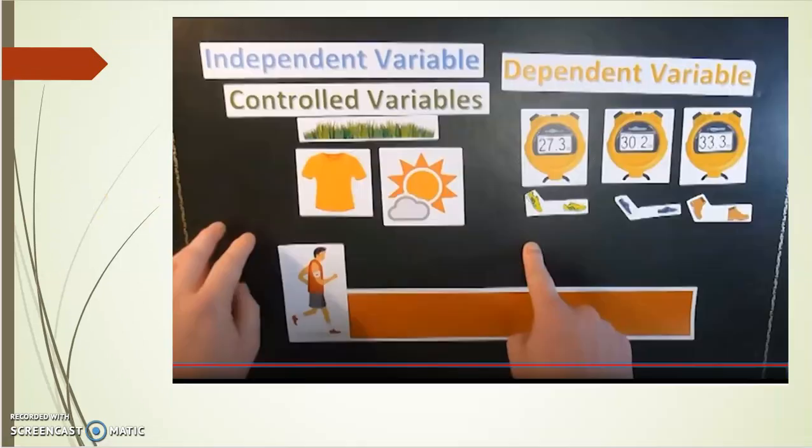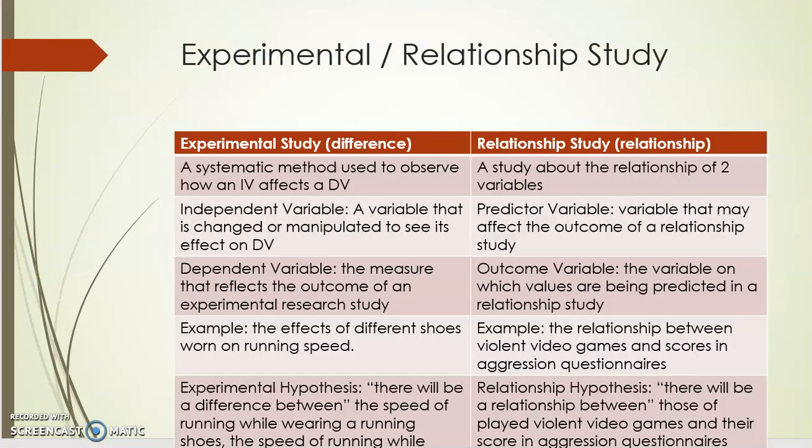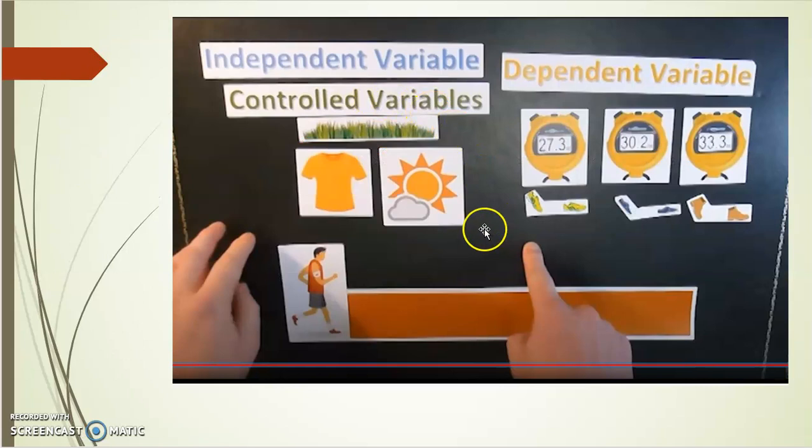Okay, so if you remember the study, we are observing how these shoes, the independent variable, affects the speed of running, which is the dependent variable. So that is an experimental study.